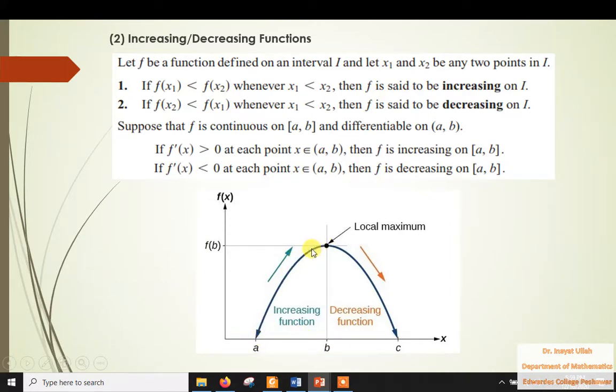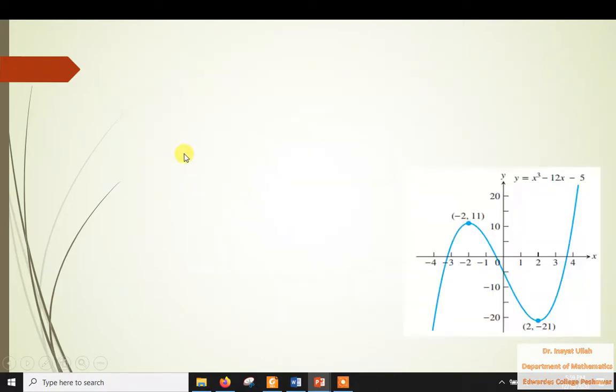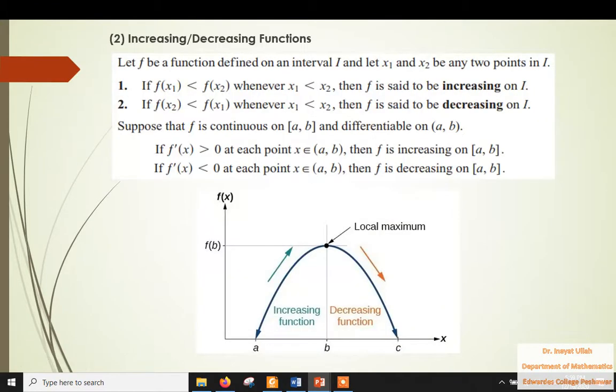So if the derivative, the slope of the tangent line, is positive, positive means greater than 0, and slope is actually the derivative, then we say that the function is increasing.